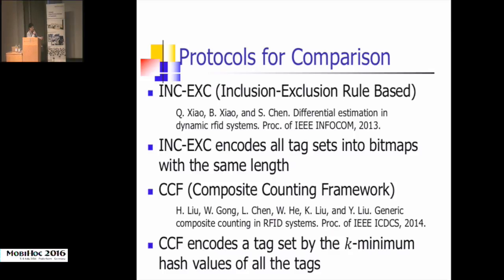In this algorithm, they encode the tag sets by the K-minimum algorithm. K-minimum is quite a well-known and common technique used in traffic measurement. And we show that this algorithm is not suitable for the RFID domain. It's also not compliant with the EPCglobal standard.